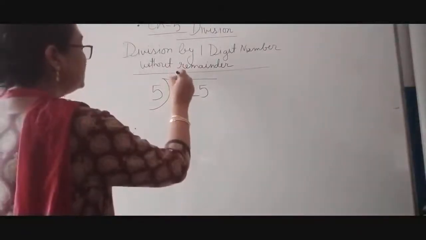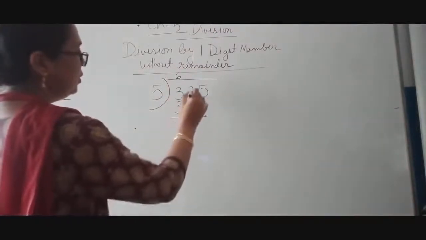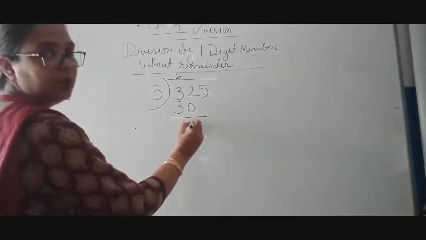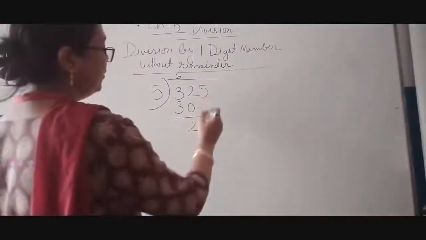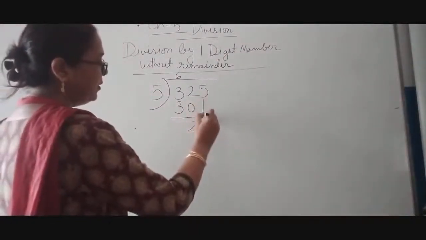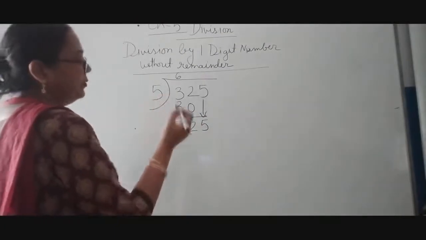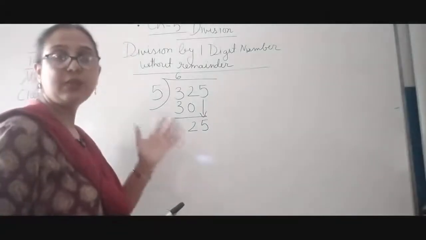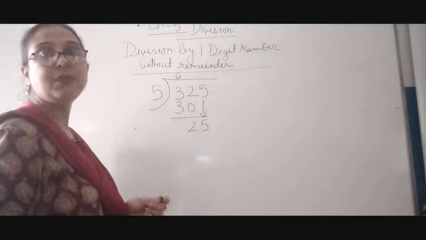Now 5 sixes are 30, children. Here you can see, 2 minus 0 we will get 2. Now the number remaining over here, we will just write it here. Now we will again tell the table of 5. 5 ones are 5, 5 twos are 10, 5 threes are 15, 5 fours are 20, and 5 fives are 25.